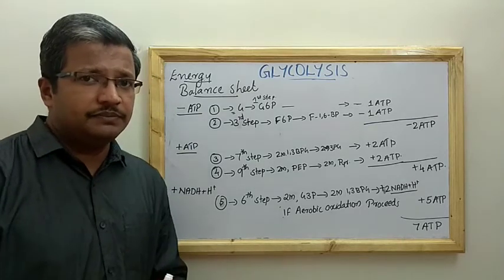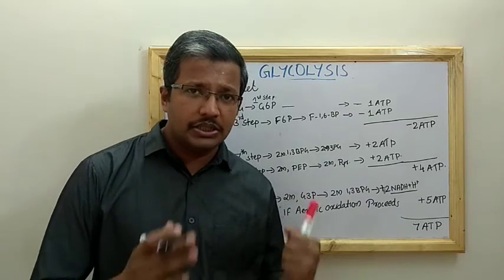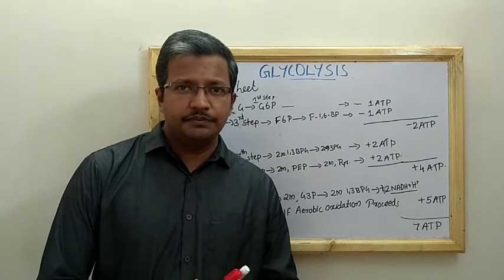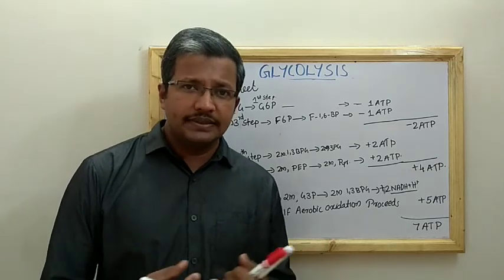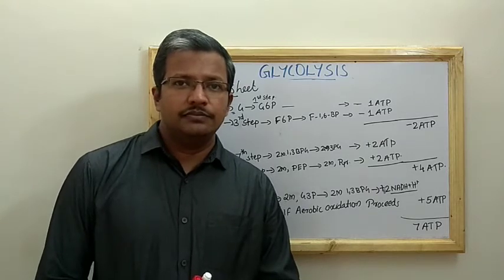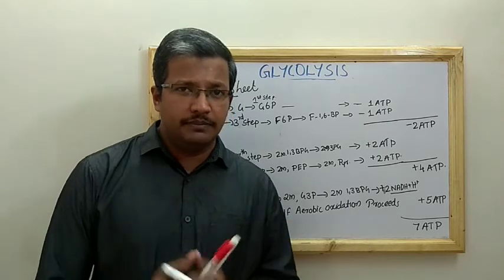Remember that. Because when you are writing a competitive examination after the degree program, you will get questions like how many ATP are produced through glycolysis in anaerobic bacteria. So what is your answer? Definitely it should be 2 ATP.